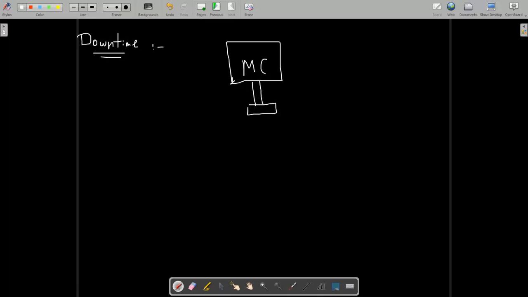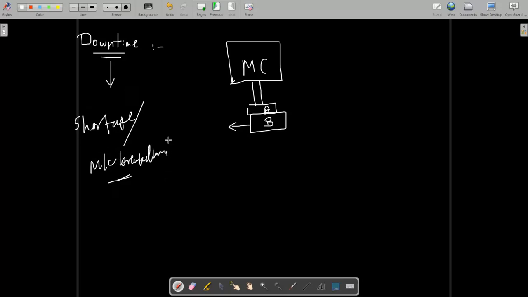This machine is used for assembling two parts like this: the upper part A and the bottom part B. In our case, let us guess this B part we are purchasing from a supplier. What does downtime mean? There is a shortage, or there may be a machine breakdown. Both cases are possible.